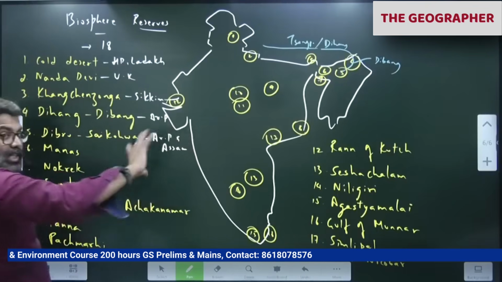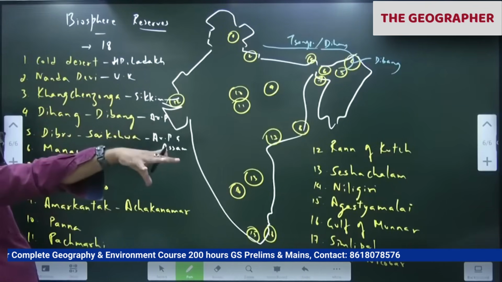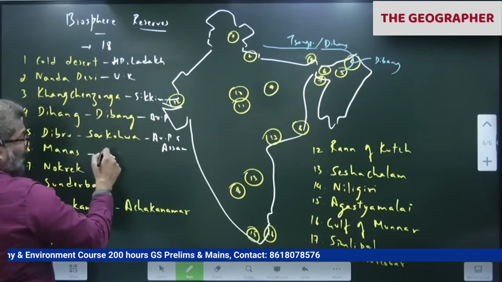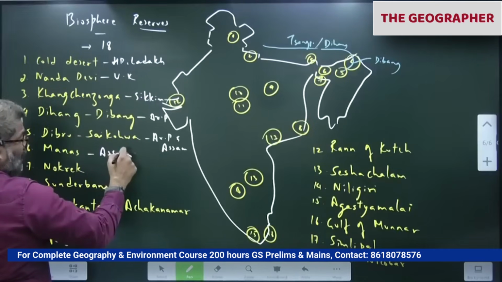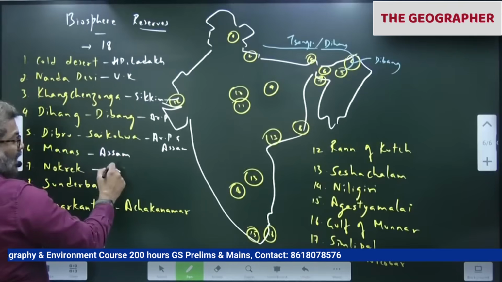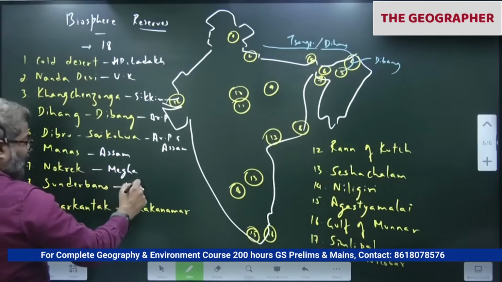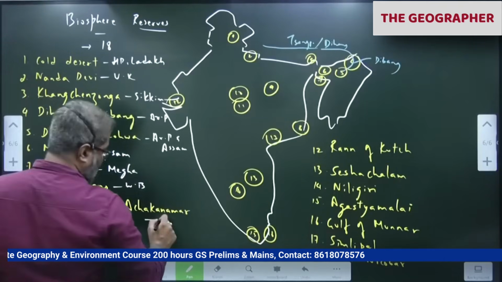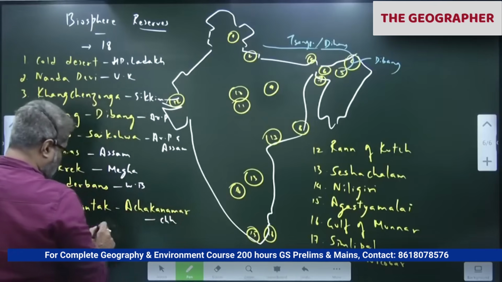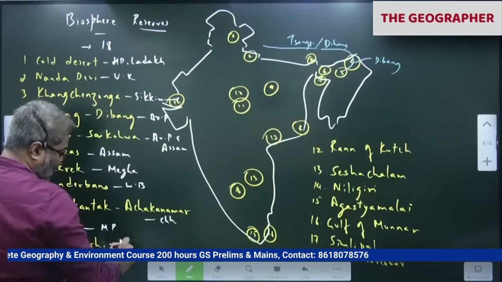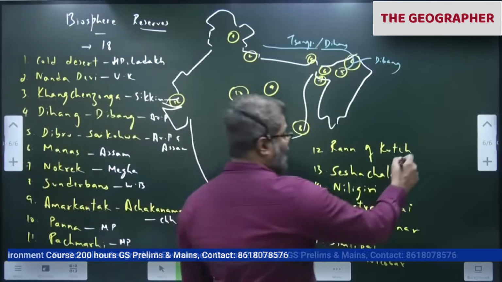Some of them come in two states, some of them are part of one state. Manas, Assam. Nokrek, Meghalaya. Sundarbans, West Bengal. Amarkantak Achanakmar, Chhattisgarh. Panna, Madhya Pradesh. Pachmarhi, Madhya Pradesh. Rann of Kutch, Gujarat.